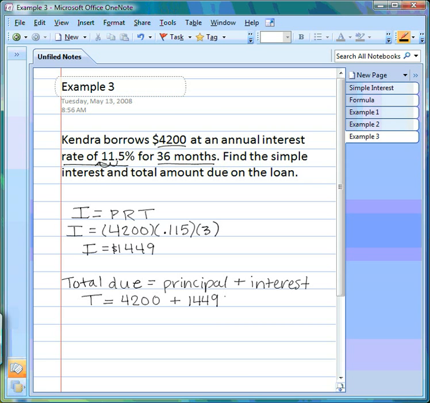We add those together, and our total amount due is $5,649. Now we have to remember this is a dollar amount, so we have to put our dollar sign on the front.